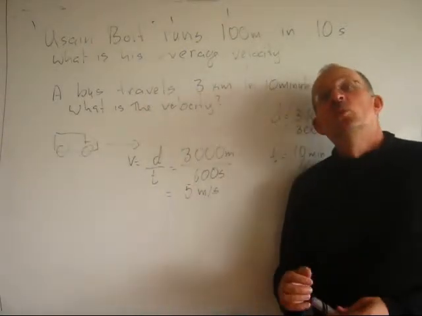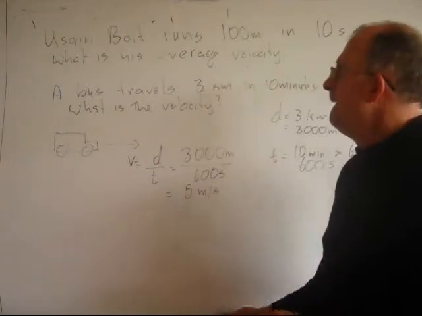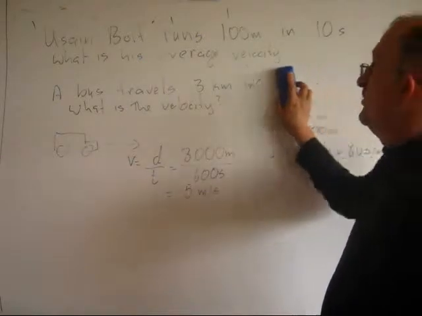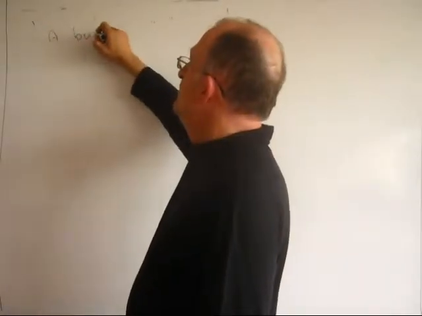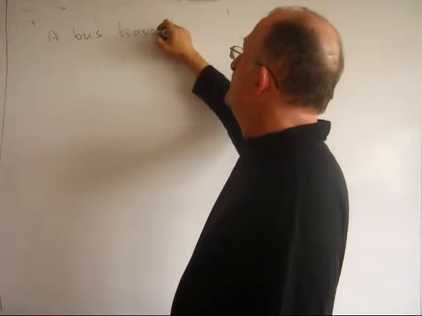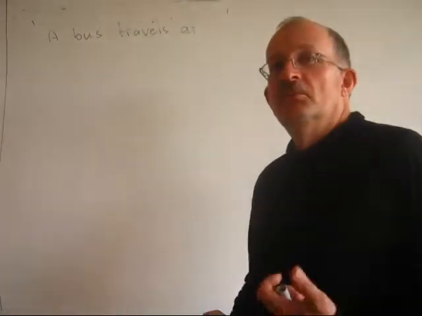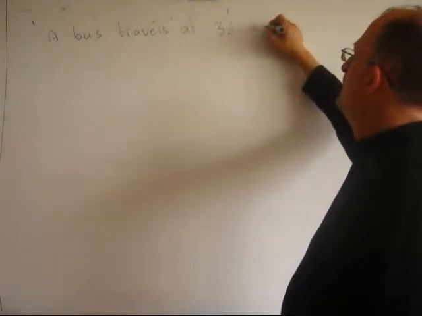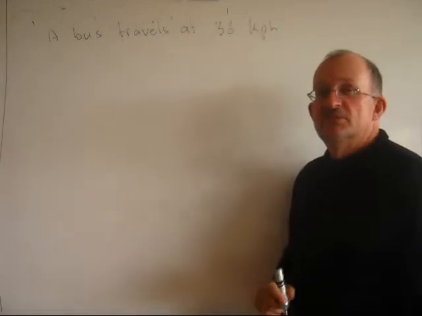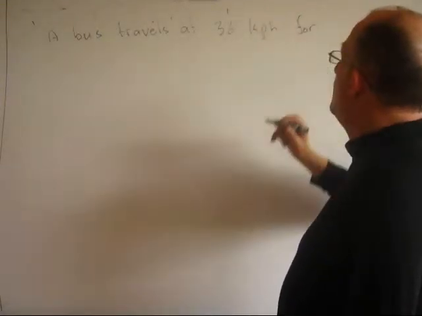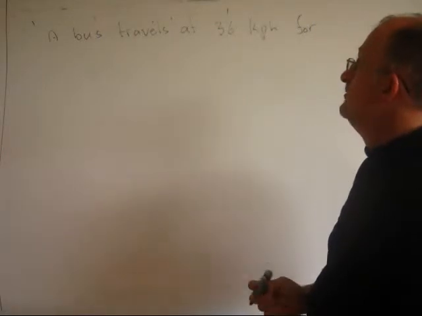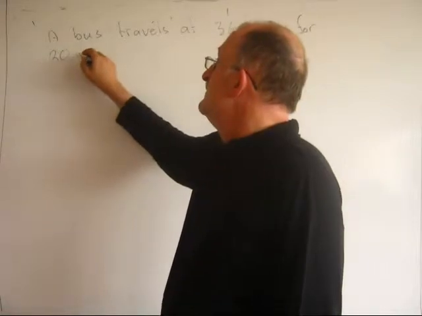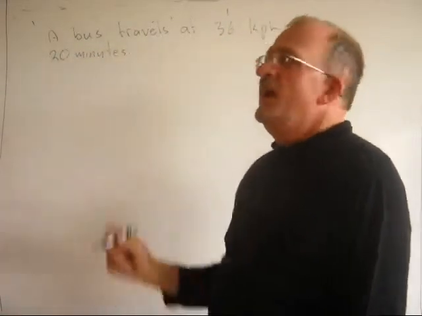Okay, let's just do one last one. But remember, no acceleration, we can use this one. Let's go for a bus again. A bus travels at 36 kilometres per hour for 20 minutes.